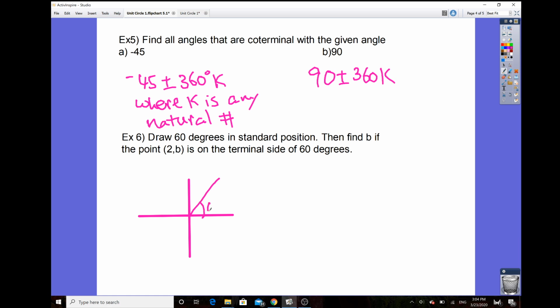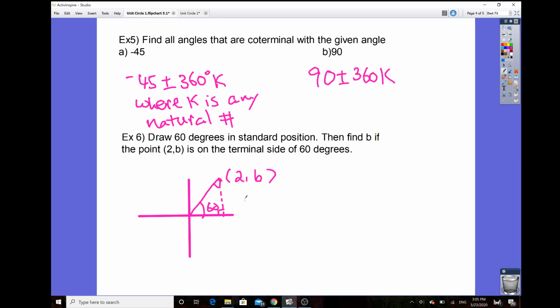Try to make a dotted line here to form a 90 degree special right triangle. We do know that the point here is 2, b, and the thing that we need to find out is the value of b.